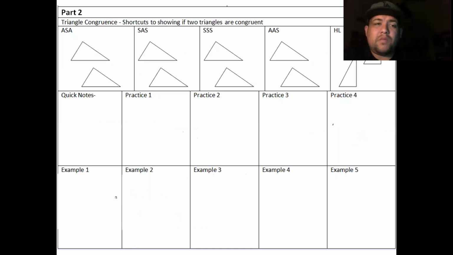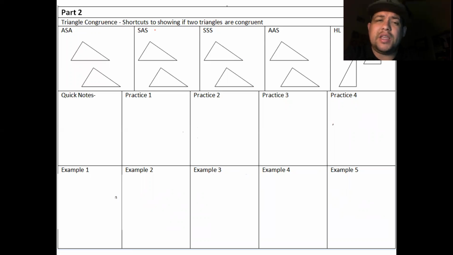The next part that we did was part 2. It was triangle congruencies. You guys did okay on the quizzes on this. You guys had some mix up with the groups, but I definitely want to make sure we're covering them all. Looking at the first 5 that we covered, those seem to be the angle congruencies, and these angle congruencies help us with determining the shortcuts of how to actually show that two triangles are the same.